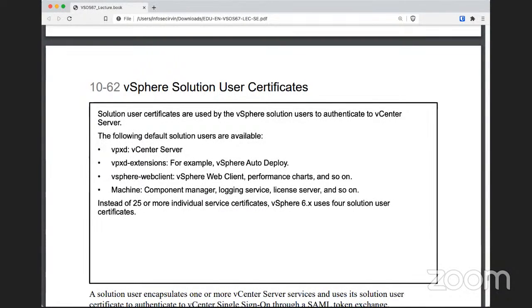The solution user certificate mentioned earlier, those are used by vSphere to authenticate users to the vCenter server. The default ones that exist are the following 4 that are normally used to communicate from users to the system.